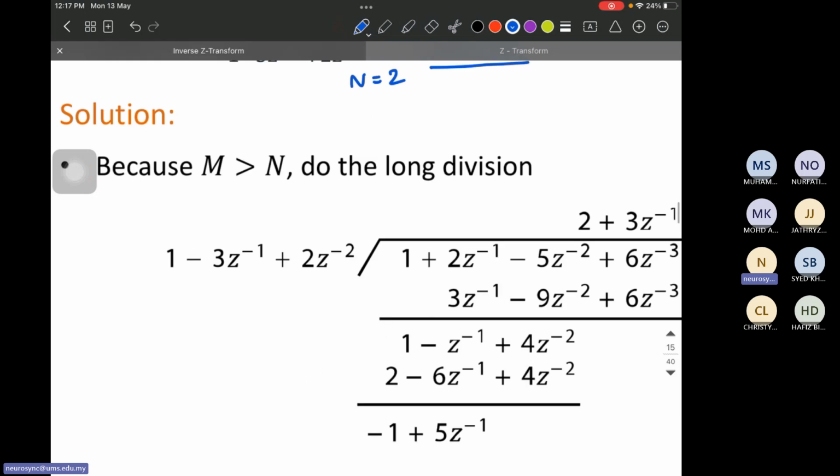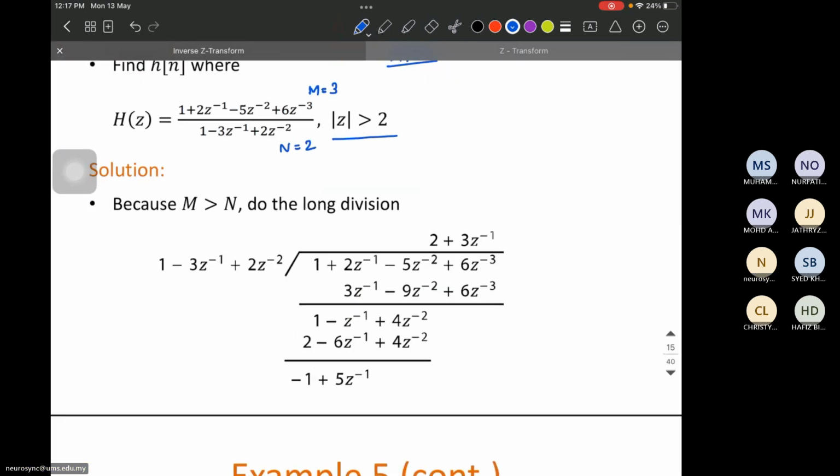So if we multiply this whole polynomial by 3 into z to the power minus 1, then only can we eliminate this term. So what we will get?